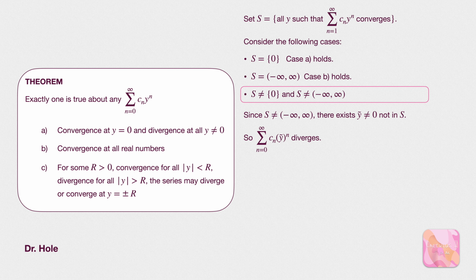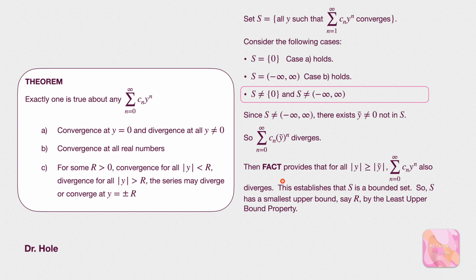Easy enough. And now we appeal to the fact that we just established. Well, the fact provides that if you look at any value greater than or equal to that y tilde in absolute value, that value will also determine a series which diverges.